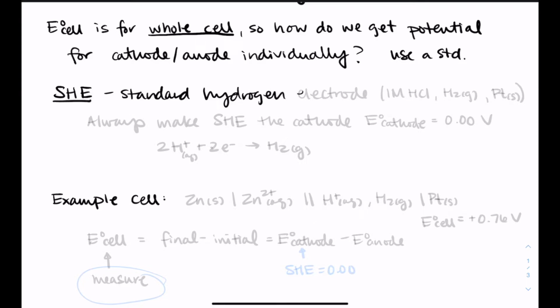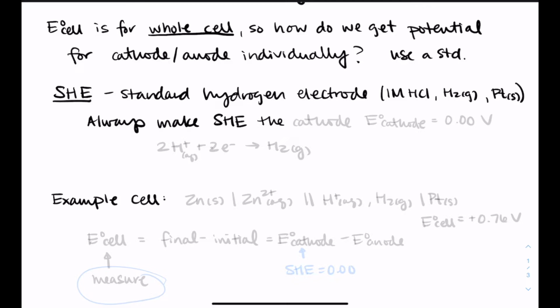So we have chosen one half cell, one half reaction to be the standard, and then have referenced everything against it. So it is the standard hydrogen electrode, so you'll see it abbreviated as SHE, as 1 molar hydrochloric acid, 1 atmosphere of hydrogen gas, and a platinum solid electrode.